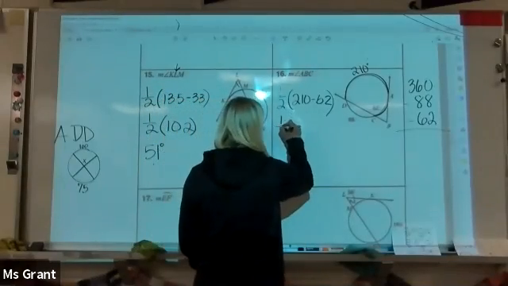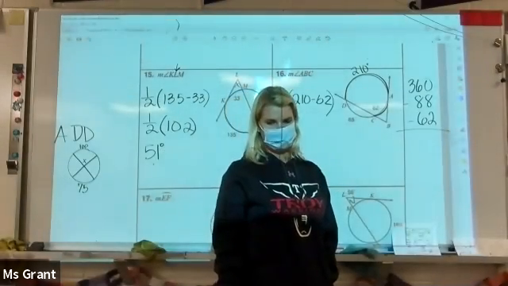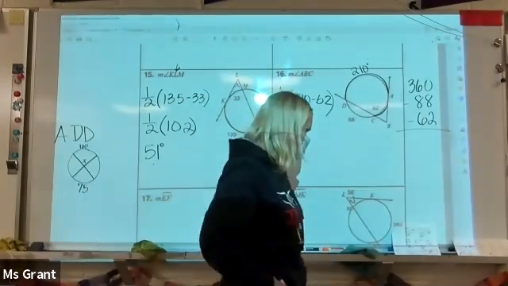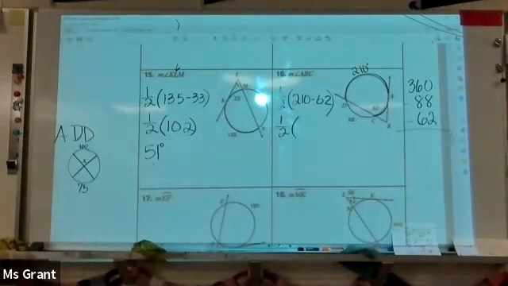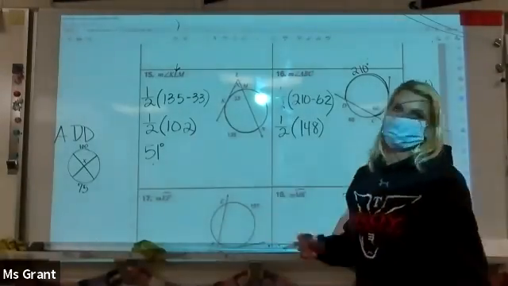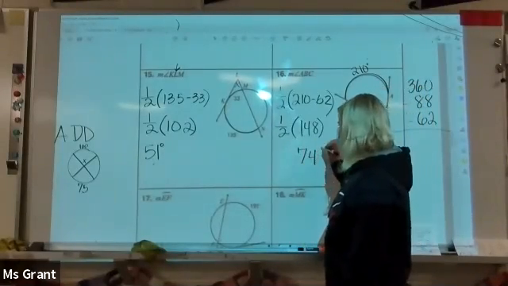What was that? You all have your calculators, right? 148. Thank you. Cut 140 in half. Cut 8 in half. Half of 140 is 70. Half of 8 is 4. There you go.